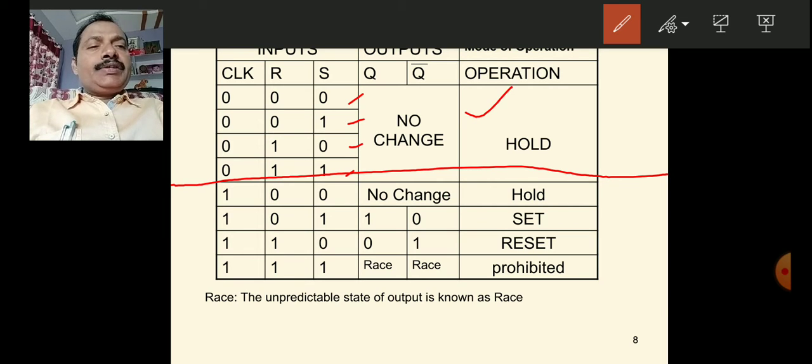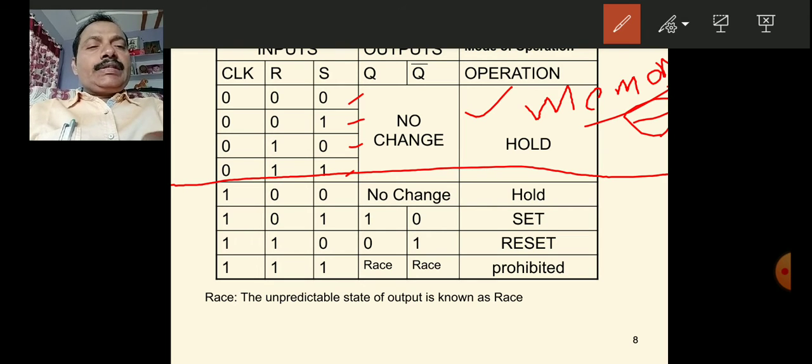That means the flip flop holds the previous state. That means it stores the previous output only. So this acts as memory. The flip flop is acting as memory because there is no clock event.